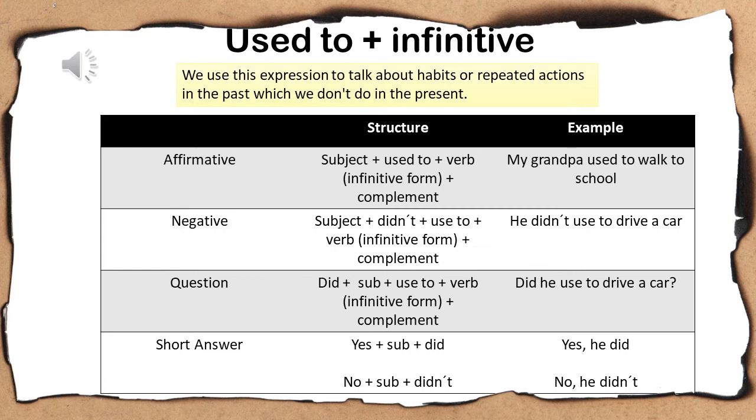We have here the structure for affirmative, negative, question, and for the short answer. Affirmative. First, we are going to write the subject plus used to plus the verb in infinitive form plus complement. For example, my grandpa used to walk to school. Mi abuelo solía caminar a la escuela.